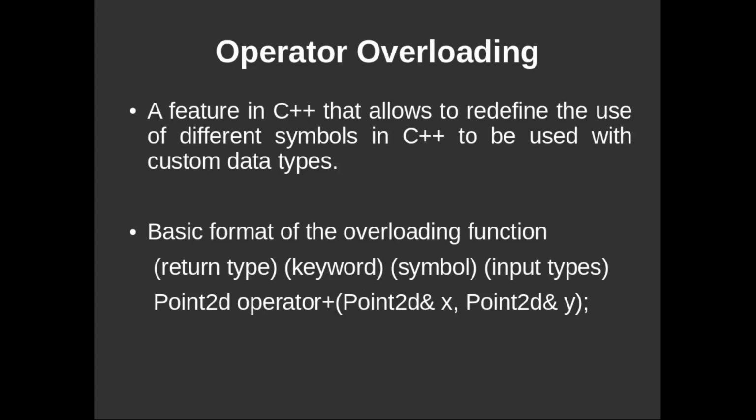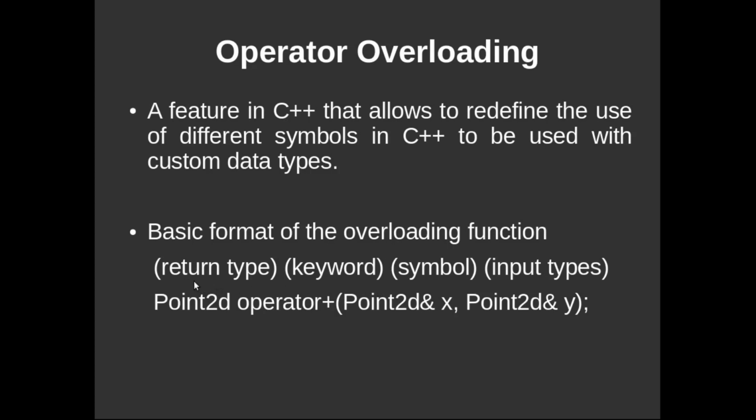So if we want to overload the plus operator to add two complex numbers, we need to have a separate function of a type like this, where the function signature will have the format as shown here.